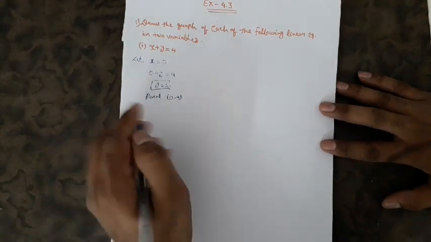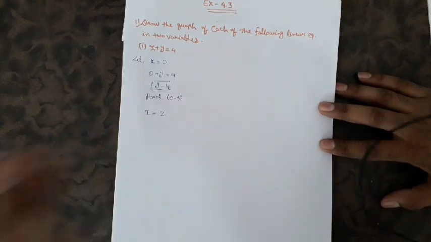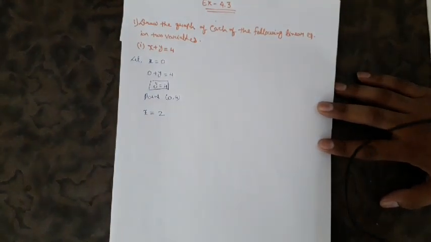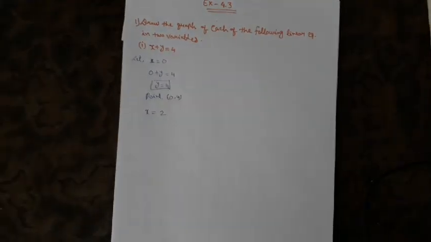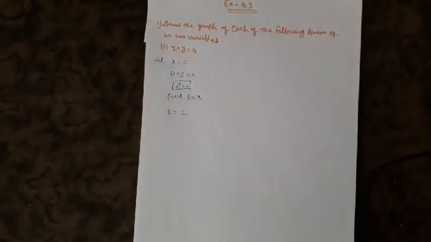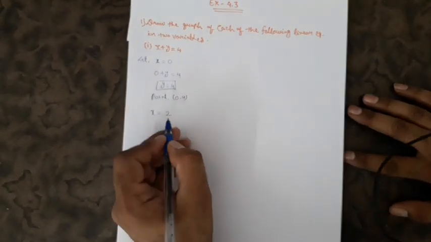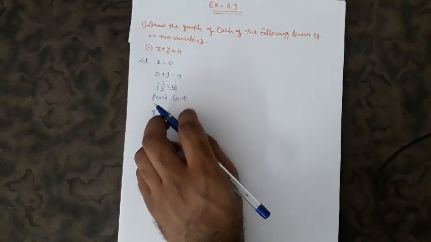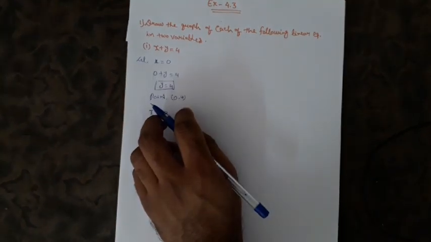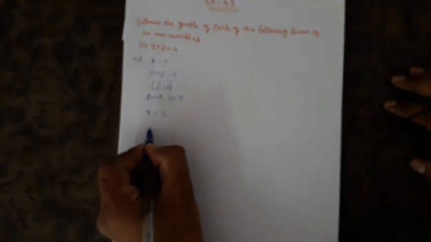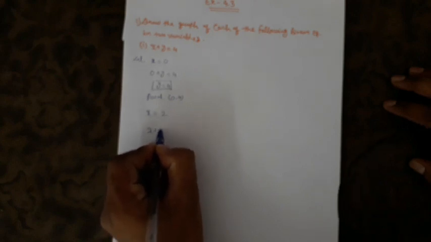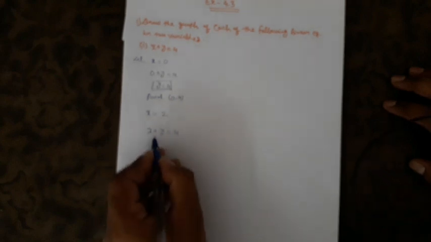Now I am taking x equals whatever you want. You can take any value; suppose I am taking 2. So instead of x I'll put 2, plus y equals 4.